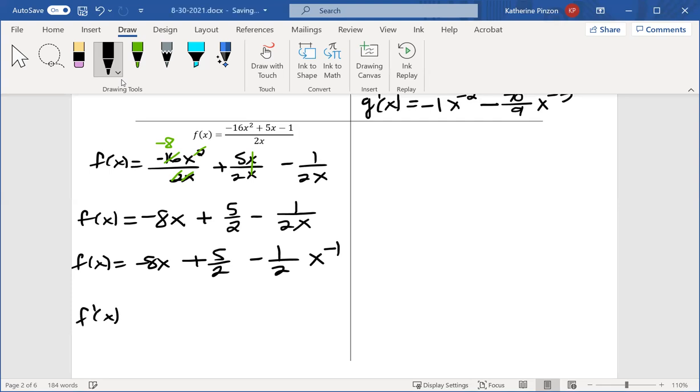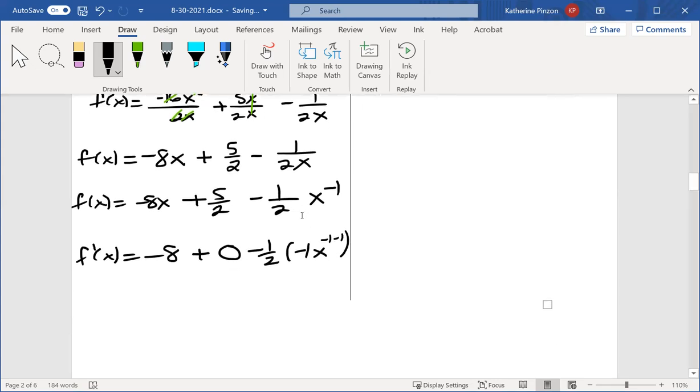Okay, so f prime of x is negative 8 plus 0 minus 1/2 times negative 1x to the negative 1 minus 1. I'm going to do a little bit of simplifying, not a lot. Negative 8, I'm going to get rid of the 0. And negative 1/2 times negative 1 is positive 1/2 x to the negative 2.